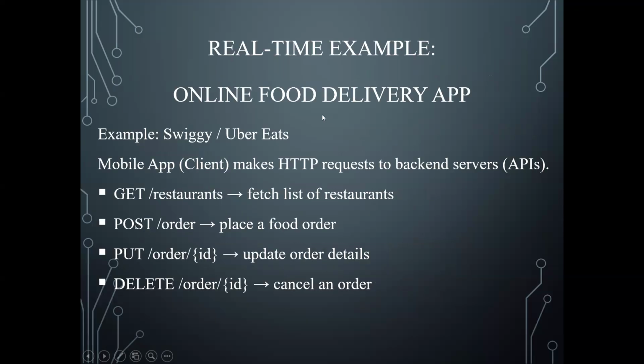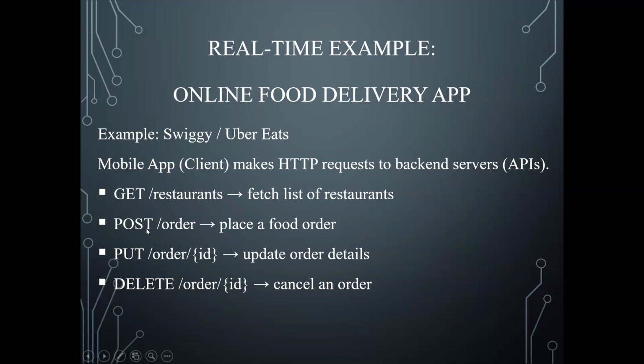We can take an example of an online food delivery app, a real-time example like Swiggy or Uber Eats. Here, the mobile app client makes an HTTP request to the backend server, and we can make use of a list of methods. GET is the method used to list the restaurants available.